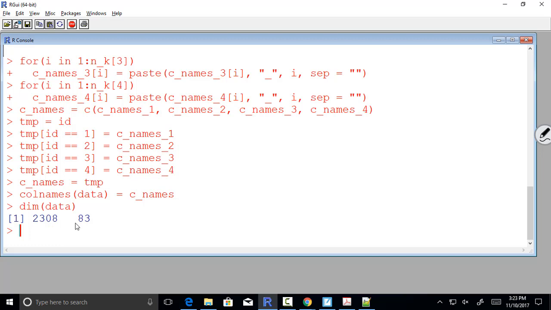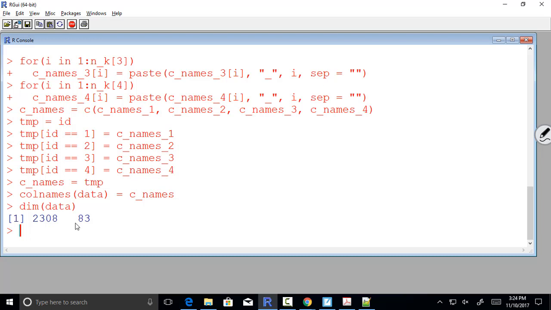These are genomics data, which means that for each of the 83 individuals, each individual is a human being in this case, for each one of them, we have 2,308 numbers. Each number quantifies the activity level of a particular, let's say, gene.